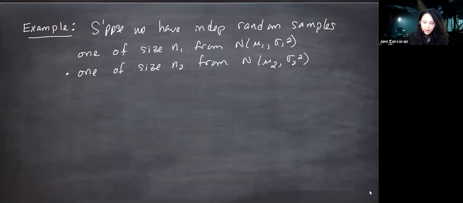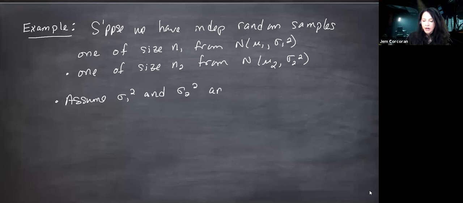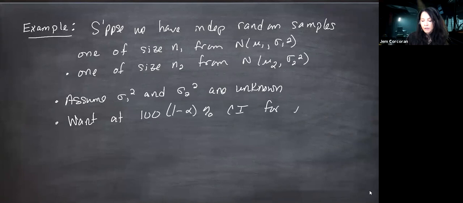And I also want to assume that sigma 1 squared and sigma 2 squared are unknown. And actually, while I'm at it, the mu's. And I want a 100 times 1 minus alpha % confidence interval for mu1 minus mu2. I'm rushing, so I didn't write that that's unknown, but you wouldn't be finding a confidence interval if you knew it. If we know the sigma squareds, we can use a nice standard normal for our pivotal quantity.